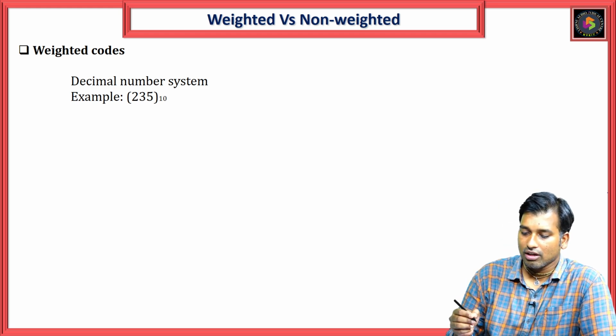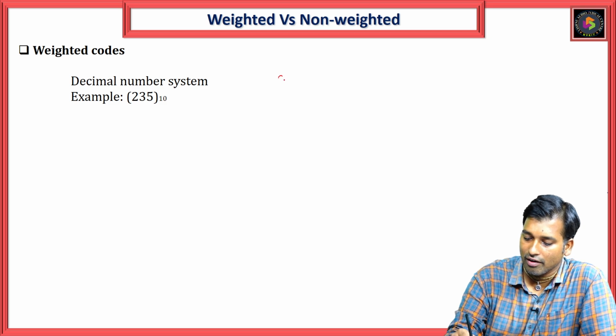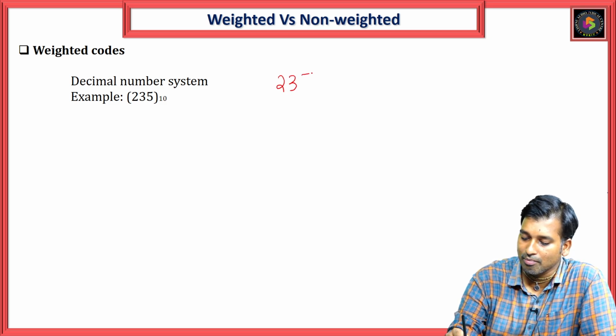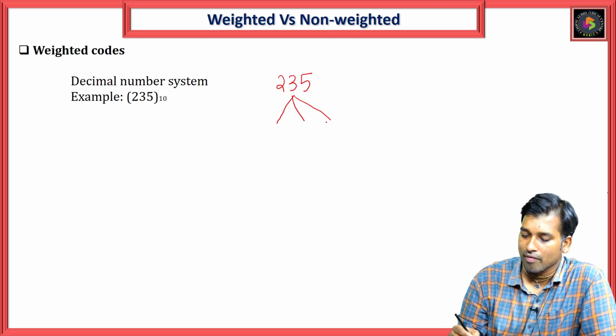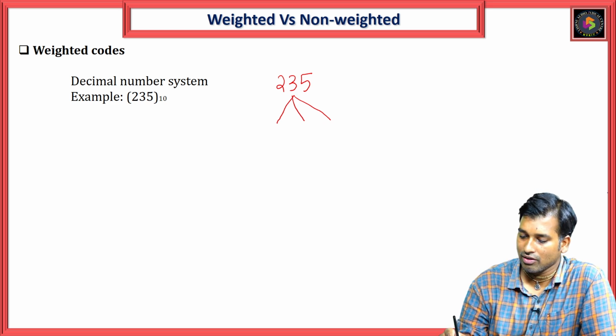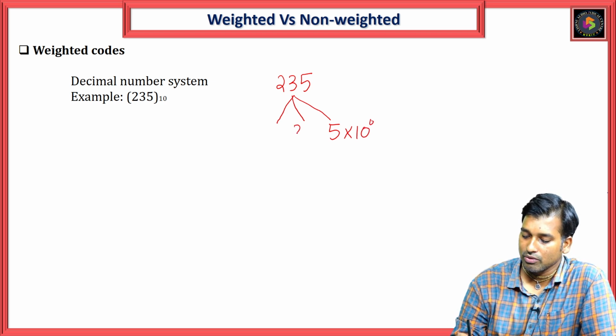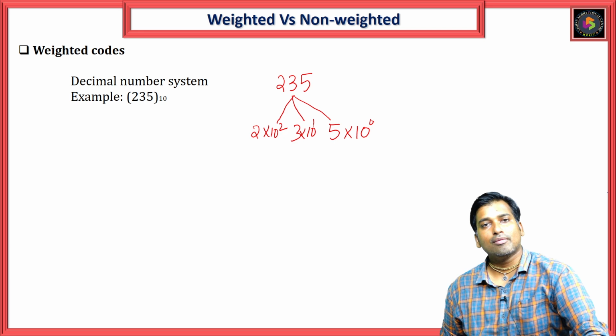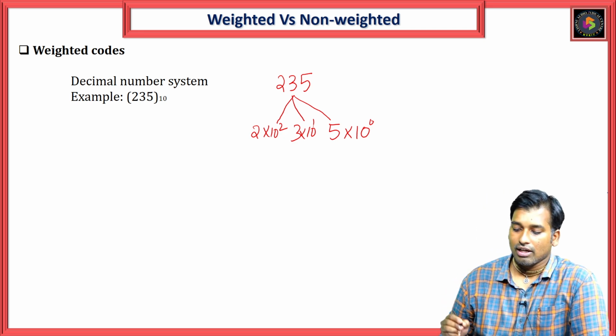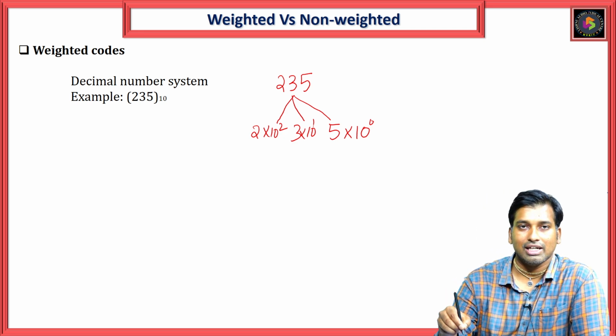For example, 235 can be written as 5 into 10 power 0, 3 into 10 power 1, and 2 into 10 power 2. So why am I writing like this?